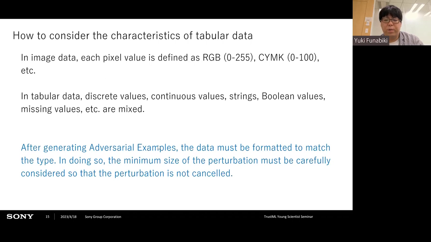But the original data column is int type, so after formatting, the perturbation could be cancelled or removed. So I think we apply some limitations to our generated adversarial examples. This is the second topic.